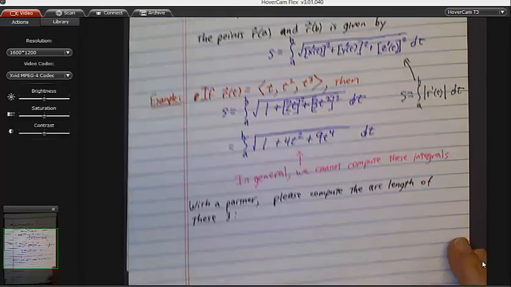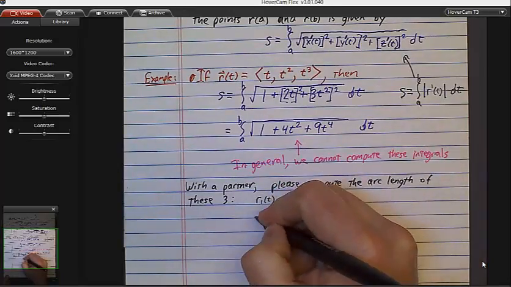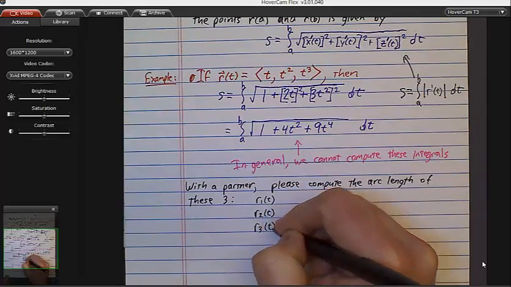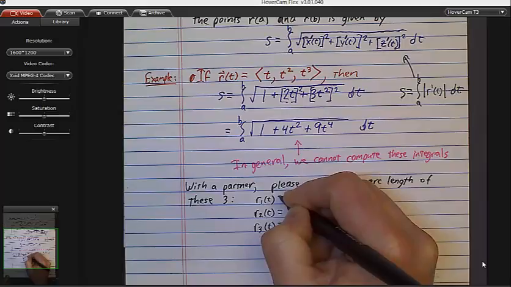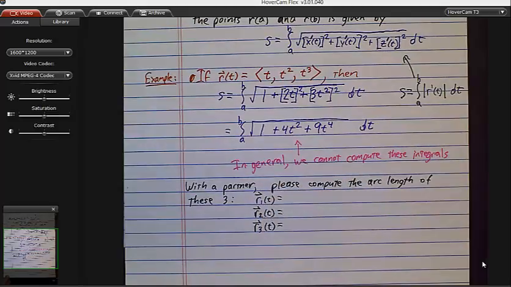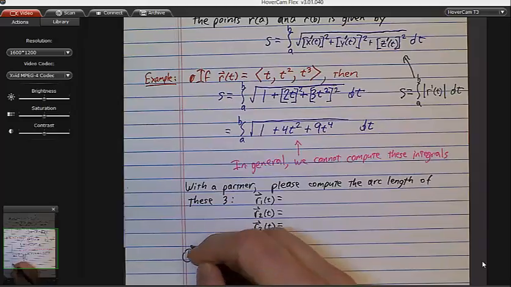All right, so we will name these R1 of t, R2 of t, and R3 of t. 3 different exercises to try. And what I'd like you to do, for each of these, step number 1, is compute the arc length.